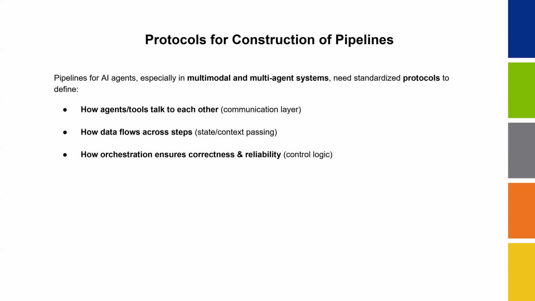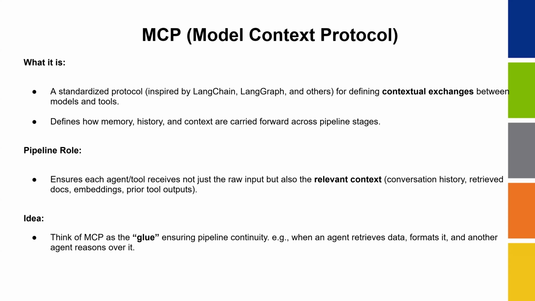So now, the protocols for construction of pipelines. Pipelines for AI agents, especially in multi-model and multi-agent systems, need standardized protocols to define how agents and tools talk to each other, that is the communication layer; how data flows across steps, that is state or context passing; and how orchestration ensures correctness and reliability, that is the controlling of logic.